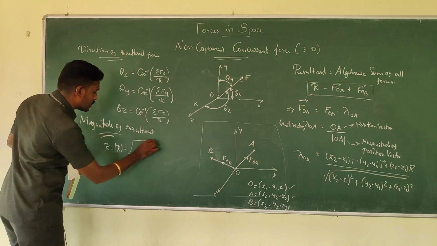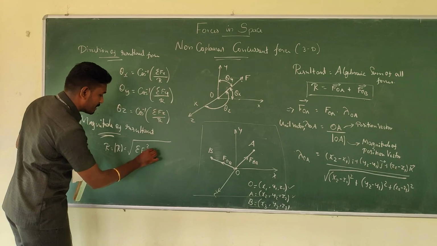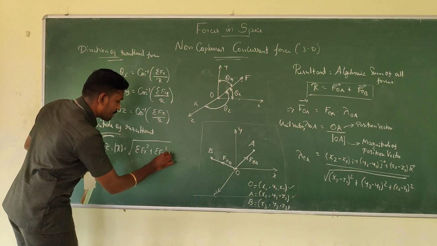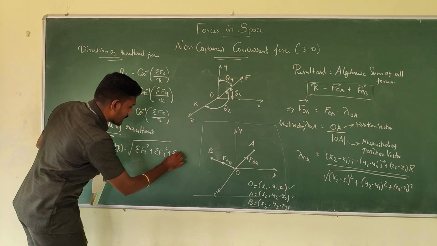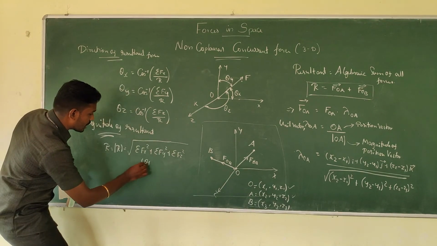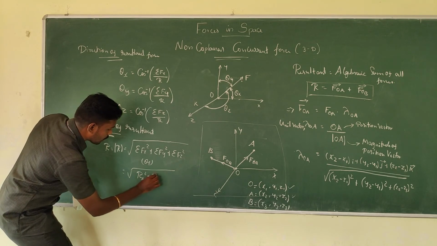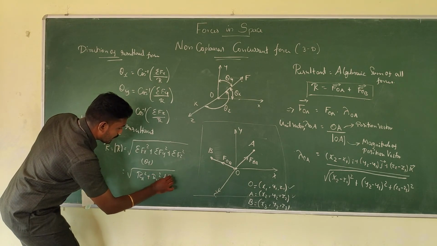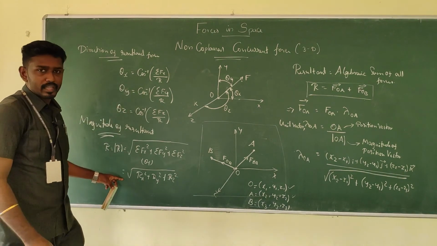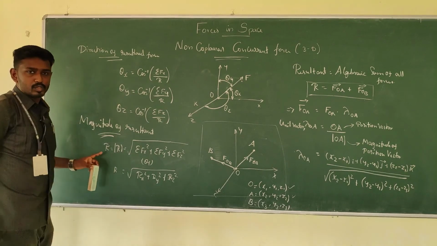It is the algebraic sum of all the forces in the x direction squared, plus the algebraic sum of all the forces in the y direction squared, plus the sum of all the forces in the z direction squared. In short we can note this as the root of (sigma Fx) squared plus (sigma Fy) squared plus (sigma Fz) squared. So this is to identify the magnitude.